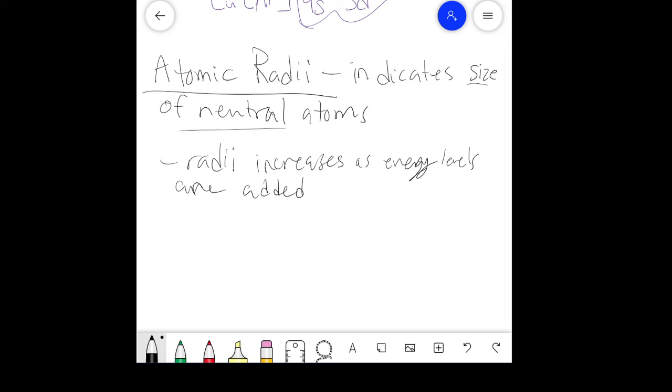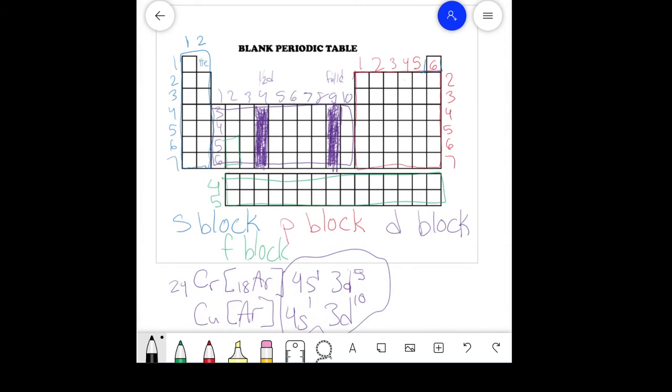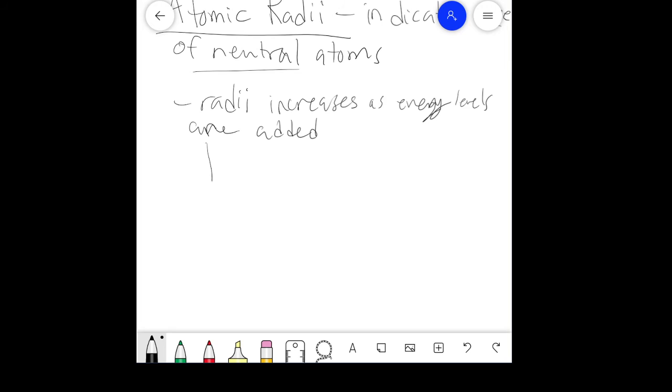If we go to our little crazy periodic table over here, I'm going to draw a periodic table because that's a cool one. Okay, that's the periodic table. Y'all know I'm not in art. So this is the periodic table.